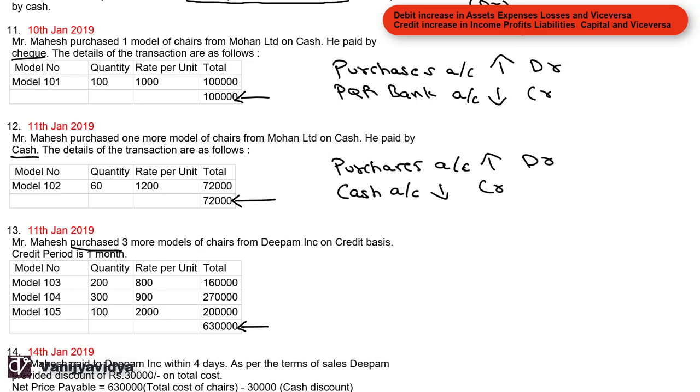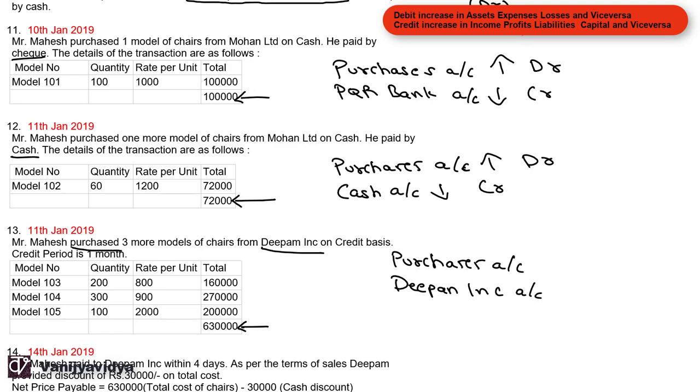So one account that is affected is purchases account. And now, since he has purchased on credit basis, we are obliged to pay Deepam Inc. after 1 month. So, the next account that is affected is Deepam account.